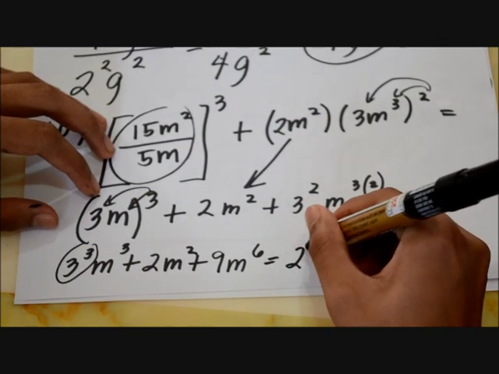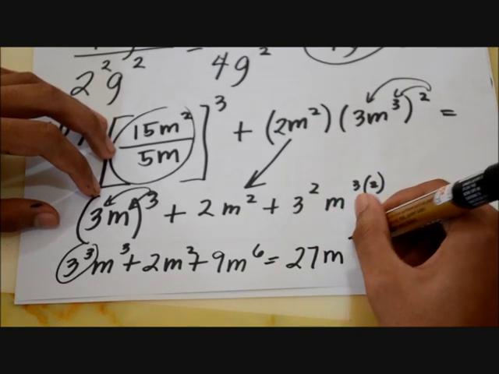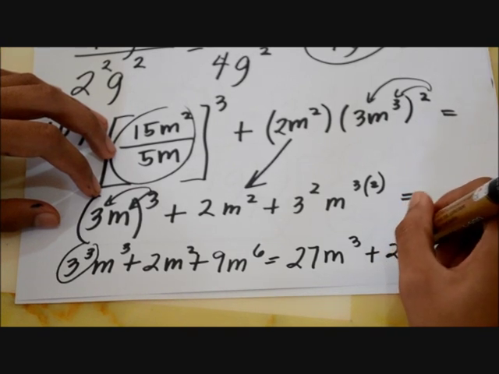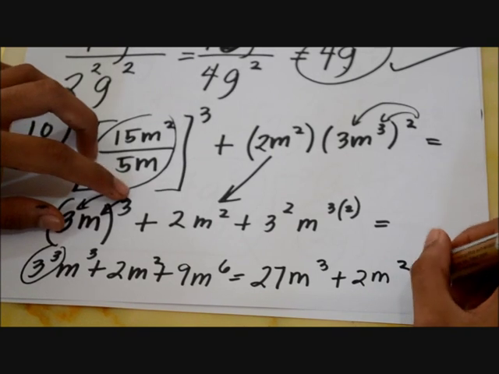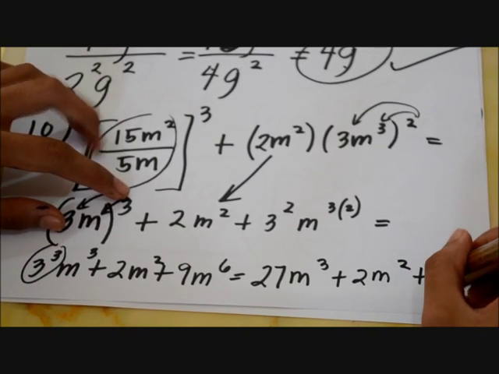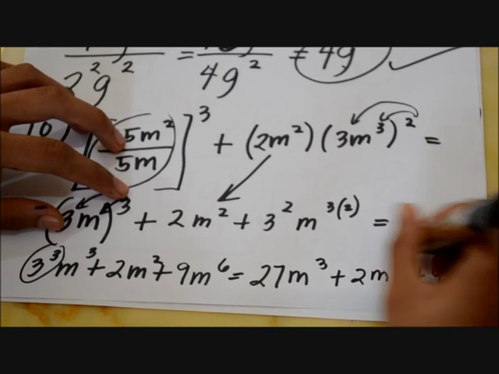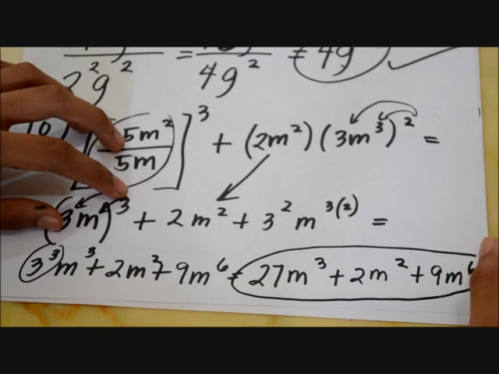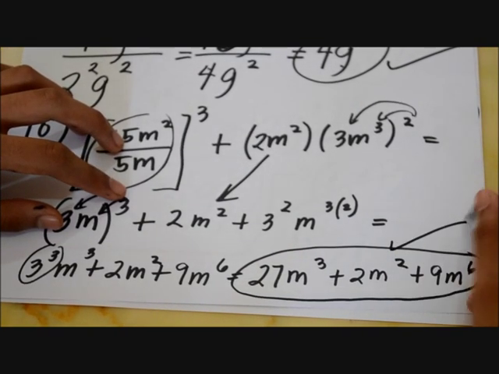So that's going to be 27 meters cubed plus 2 meters squared plus 9 meters raised to the power of 6. This would be the final answer since we can no longer simplify the terms.